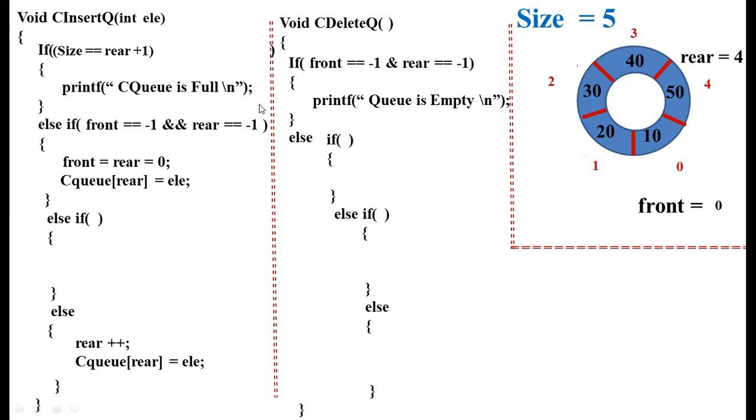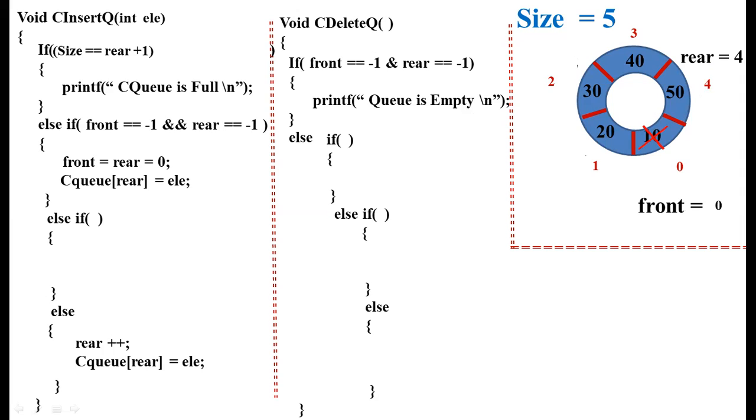Initially, if we want to delete the front element, first we need to collect the element from that location. When I want to delete the first element, that is 10, because my front is pointing to the 0th location, how can this be done?